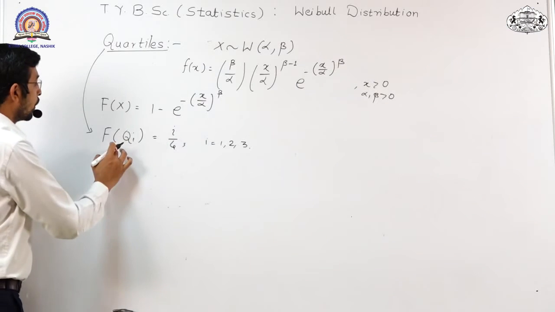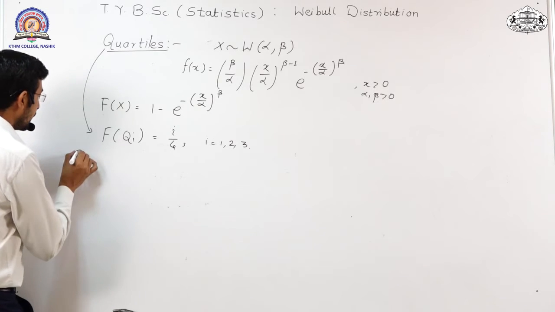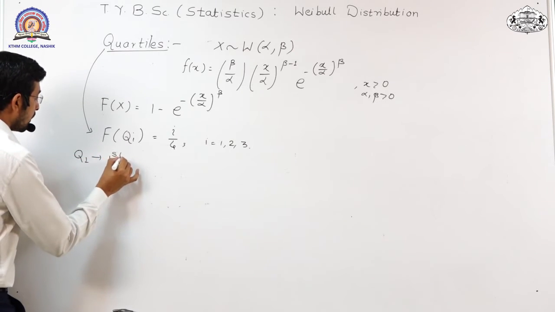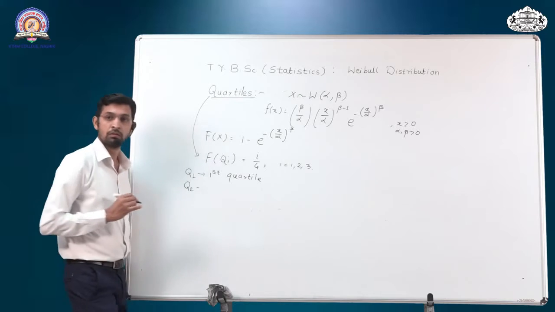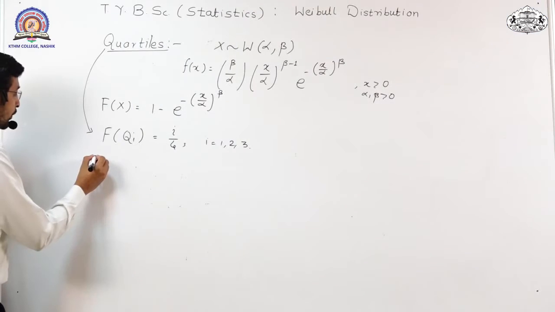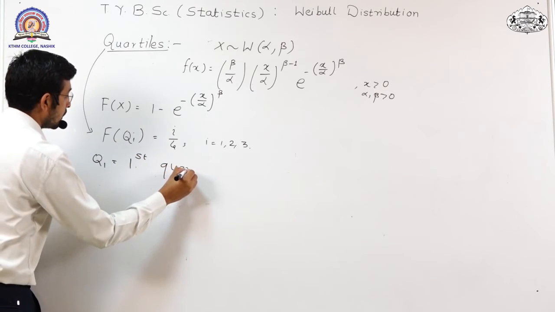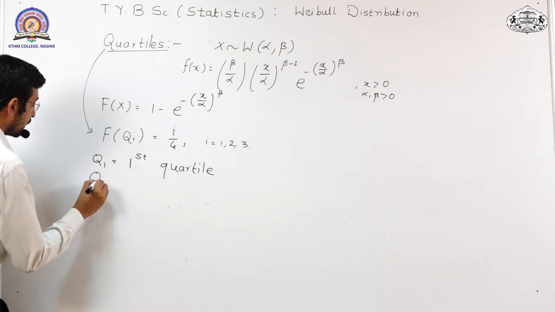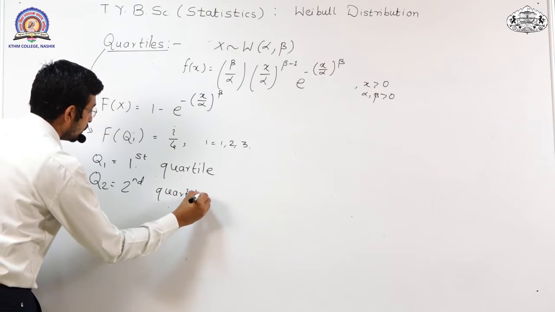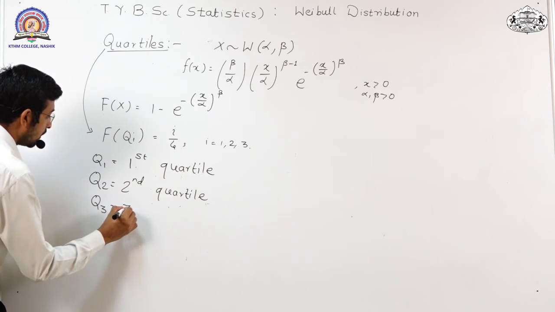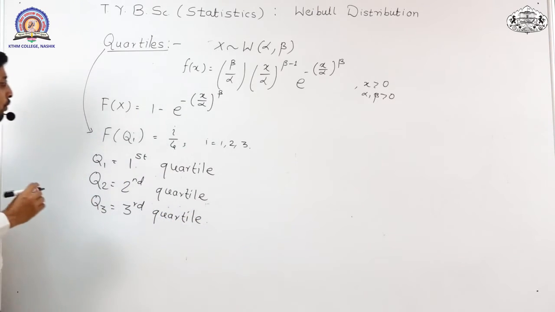So that's why your distribution function is i upon 4, where q1 is the first quartile, q2 is the second quartile, and q3 is the third quartile. These are the 3 quartiles because your data is divided into 4 equal parts.